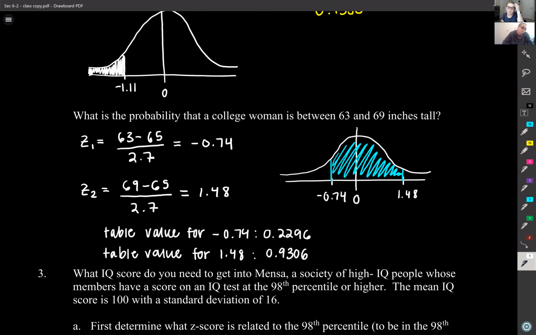And I'm just going to take my table value for 1.48 and subtract from it the other value for negative 0.74. So I have 0.9306 minus 0.2296. Go ahead and do that math. That gives us 0.701.